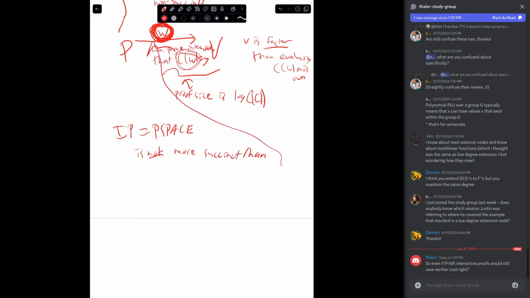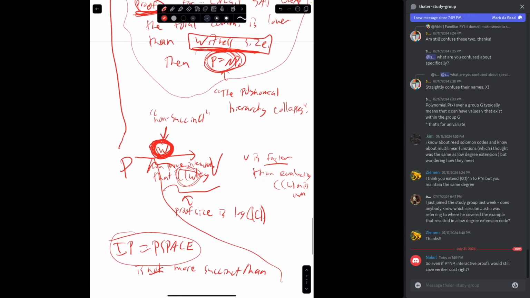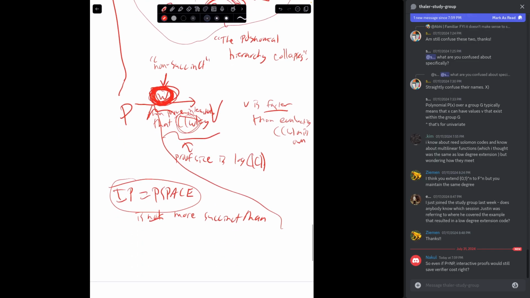We'll talk about that in a couple weeks. So there's no contradiction between the fact that IP equals PSPACE and the assertion that this proof here has the prover send the witness in full to the verifier.